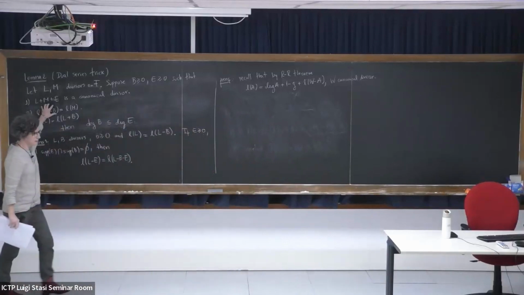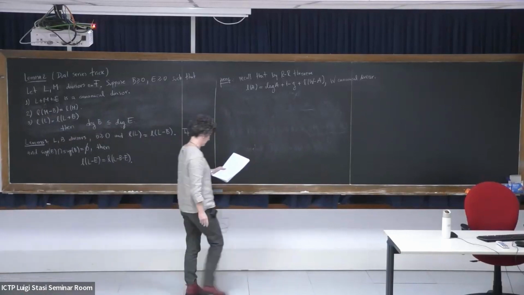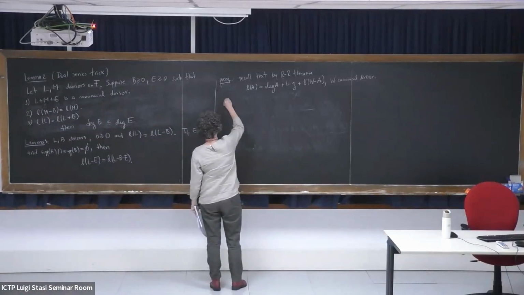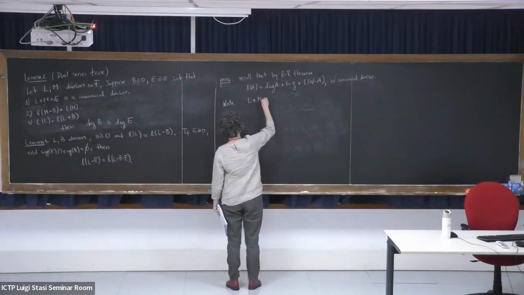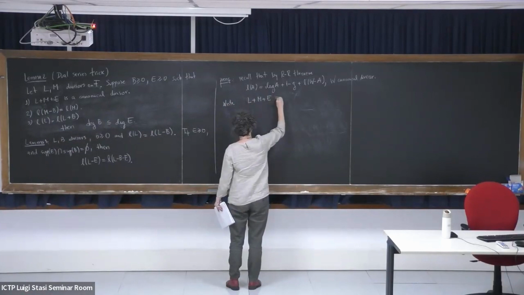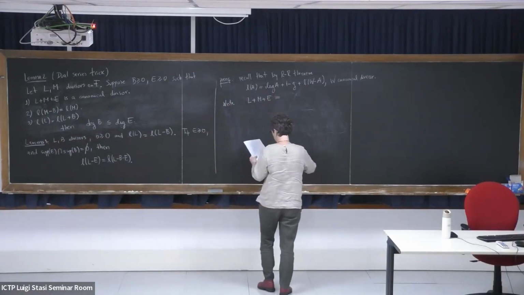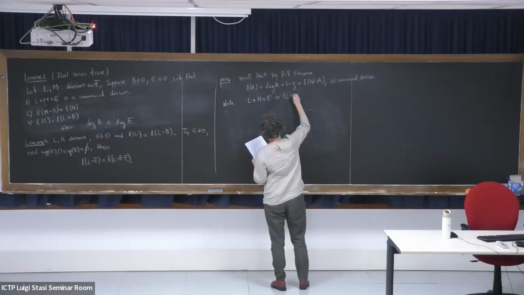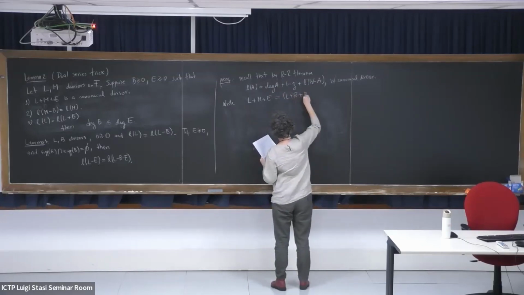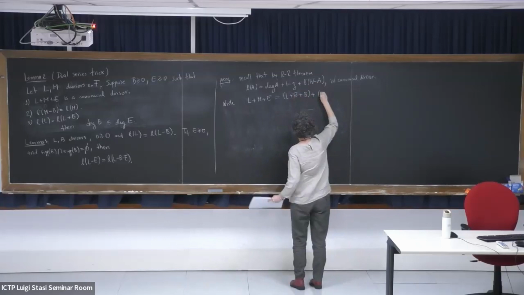We know that this one is canonical, so you just write L plus M plus E.